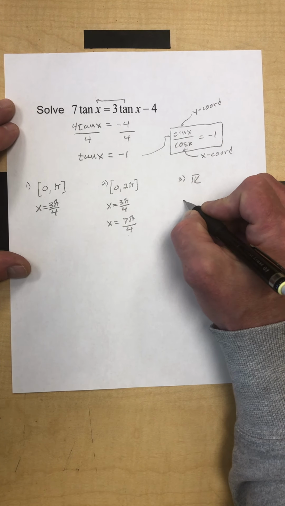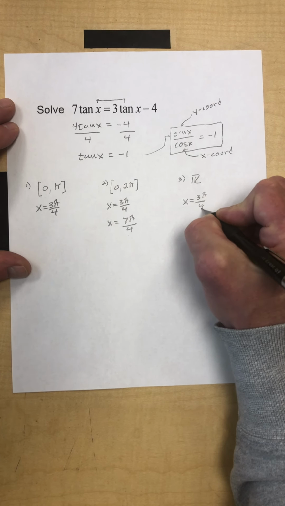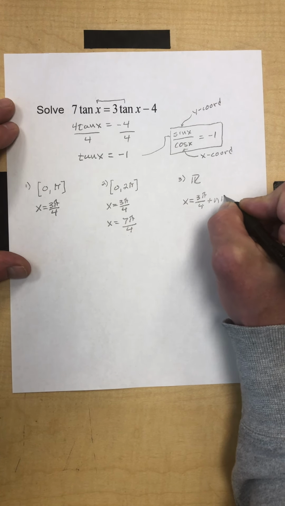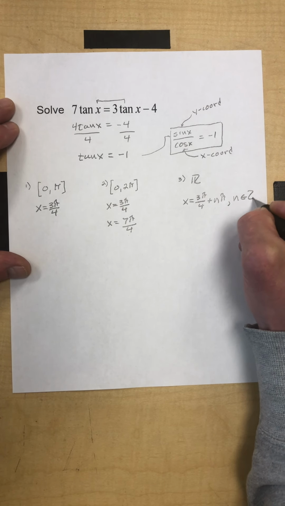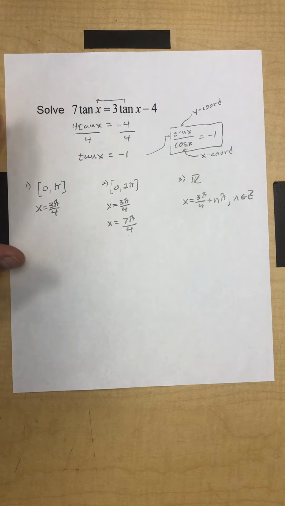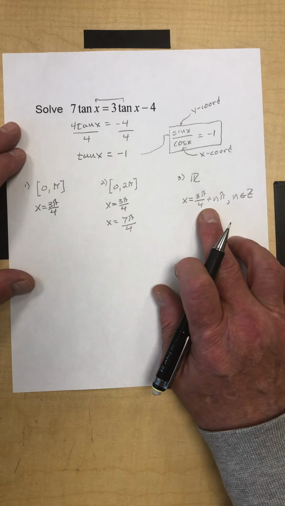So we can say x equals 3 pi over 4 plus n pi, where n is an integer. And you say, well, what about this guy, the 7 pi over 4? Well, technically, it's included in here.